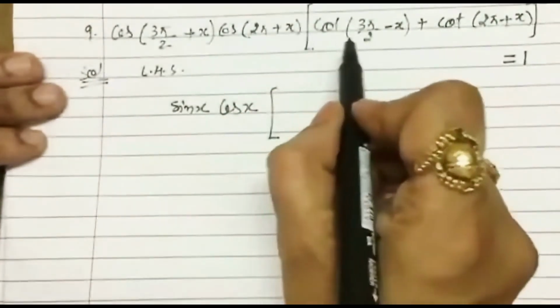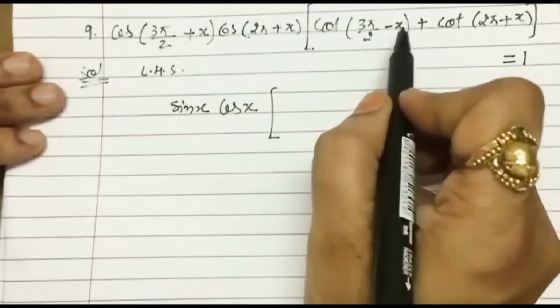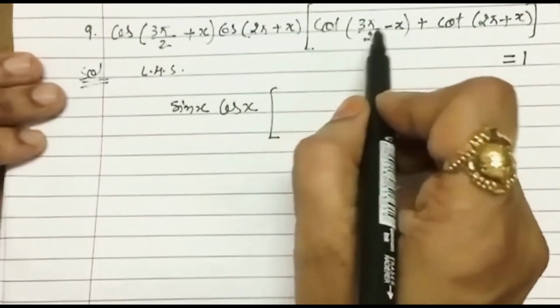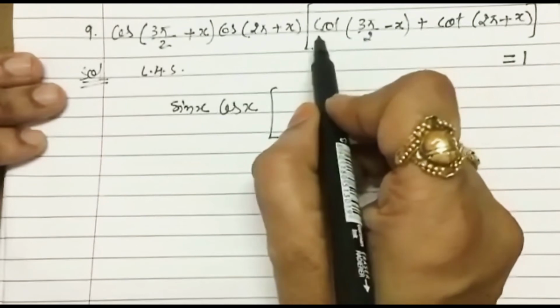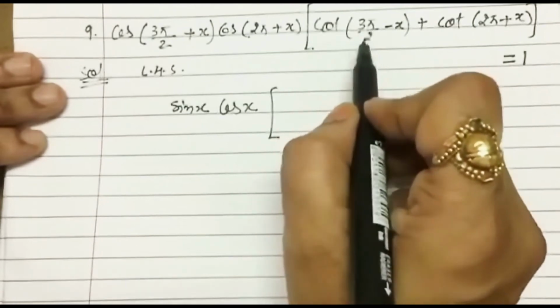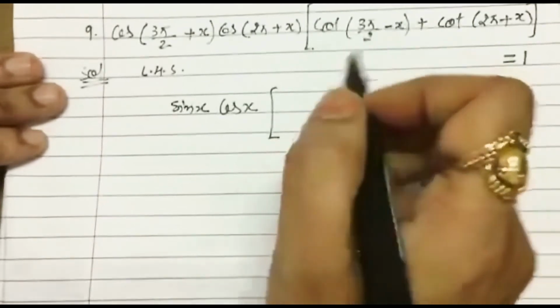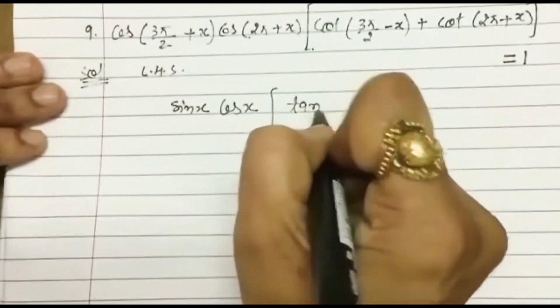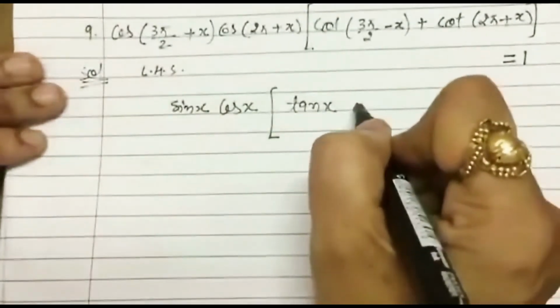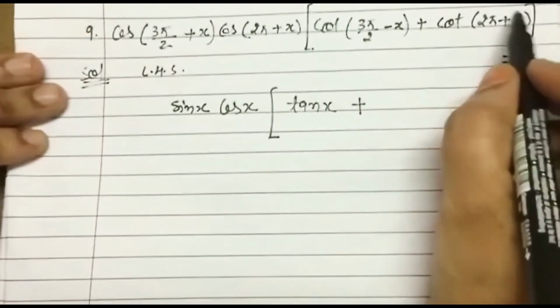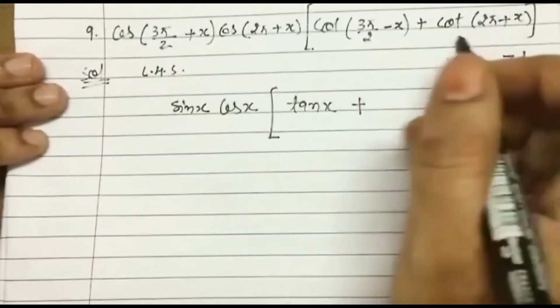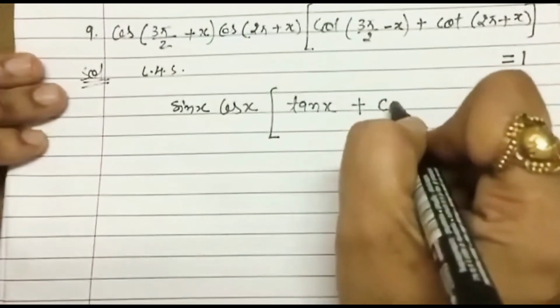Next, cot(3 pi by 2 minus x). Cot is in the third quadrant, and cot is positive in the third quadrant. So the sign will not change, but it is 3 pi by 2, so cot will change into tan. So write here tan x. Then plus cot(2 pi plus x), it is again in the first quadrant, and cot is positive.